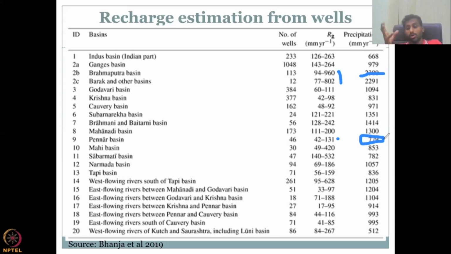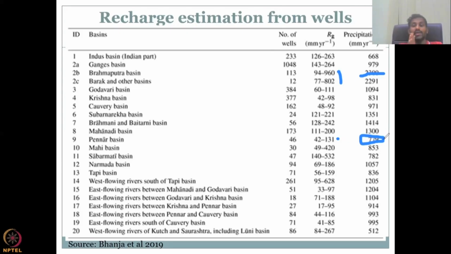So recharge is a good combination of your rainfall availability, your physical processes, the aquifer properties that allow the recharge, and the availability of water inside the aquifer. If the water is already there, recharge won't happen, right? So this study beautifully quantifies across India through wells the recharge rates, and also compares them with the rainfall rate.